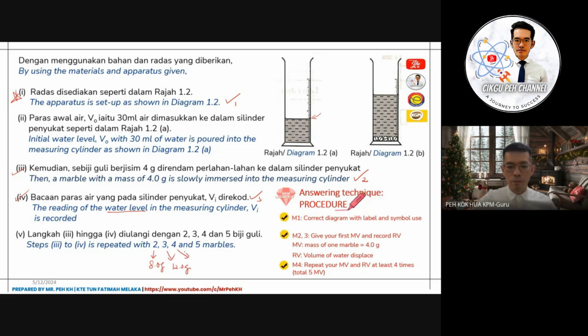Then 4 times 4 will be 16. And then 5 marbles will be a total of 20.0 grams of mass. For each data point, you need to record the volume displaced or the water level height.